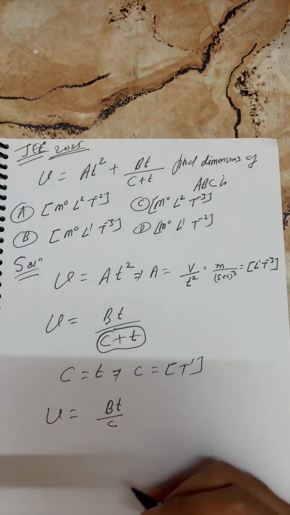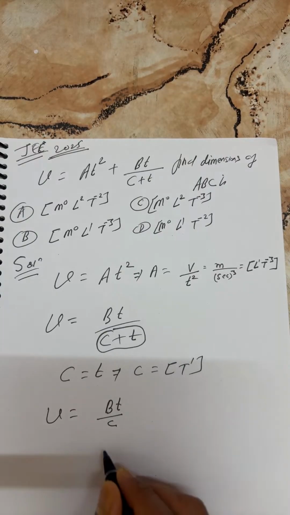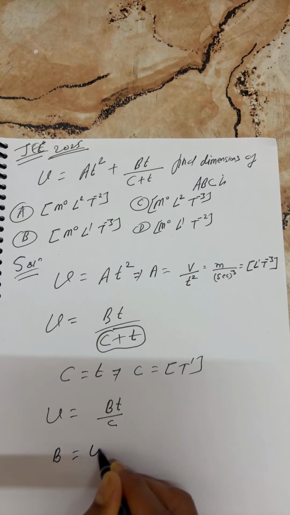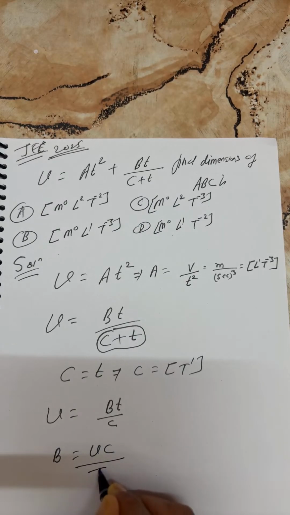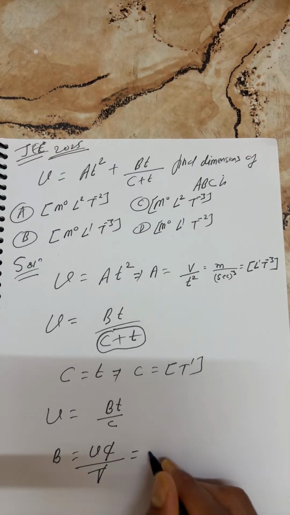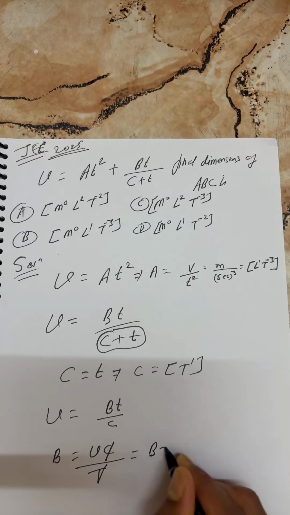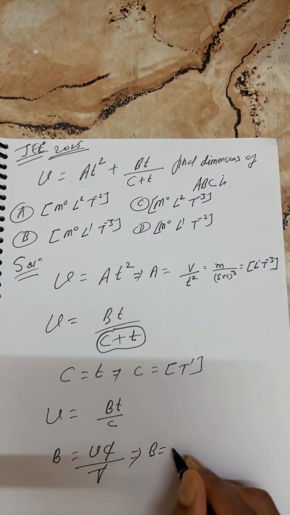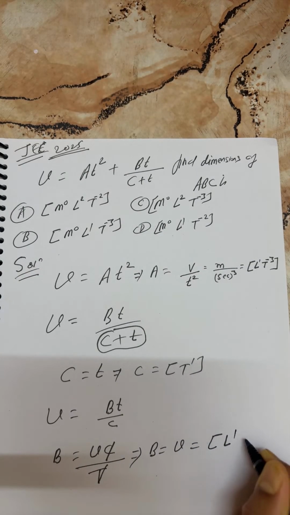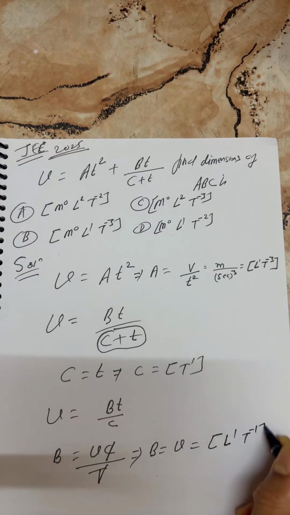What we wanted is dimensions only. So B is equal to V into C by T. C is T and T is T, so this is cancelled. So B is equal to V only. The dimension formula is L1 T to the power minus 1.